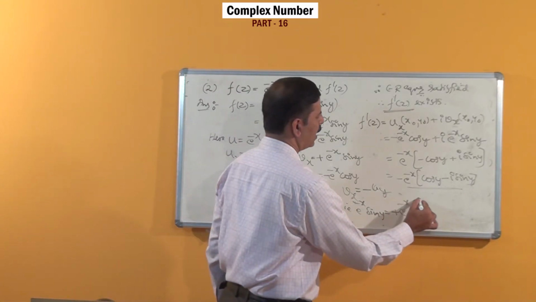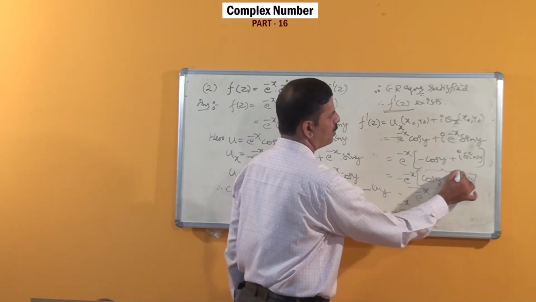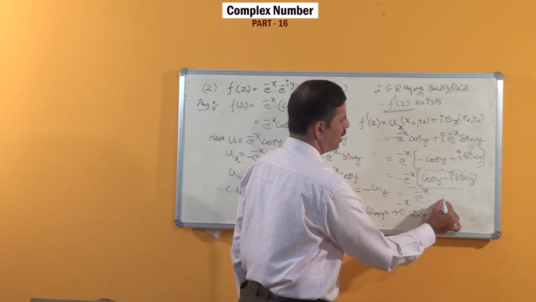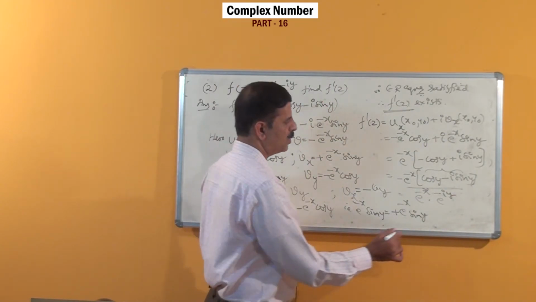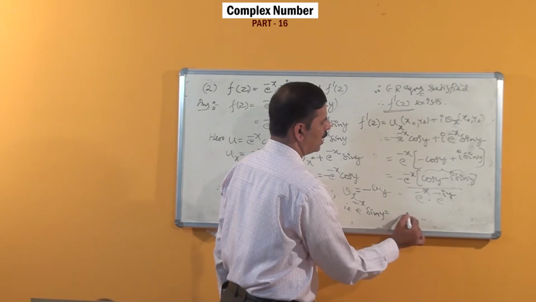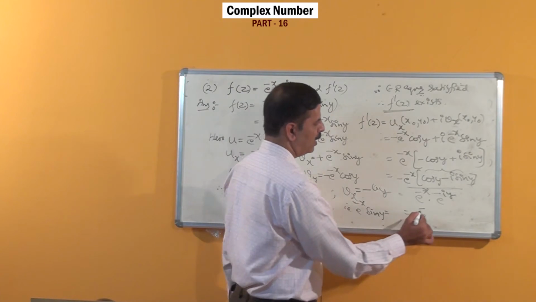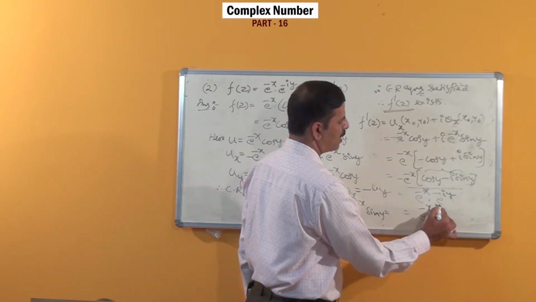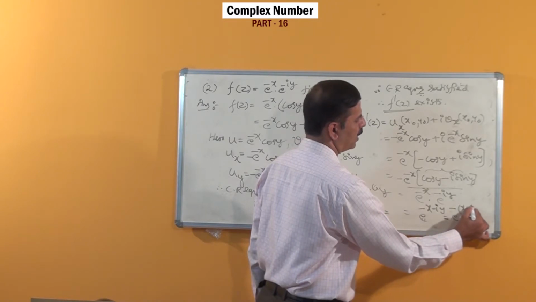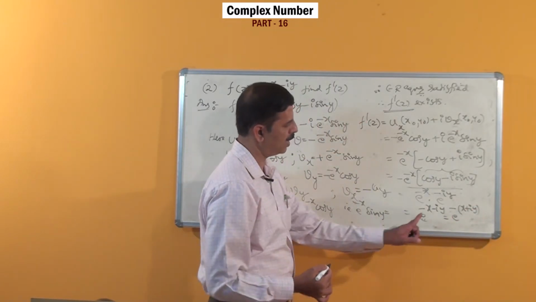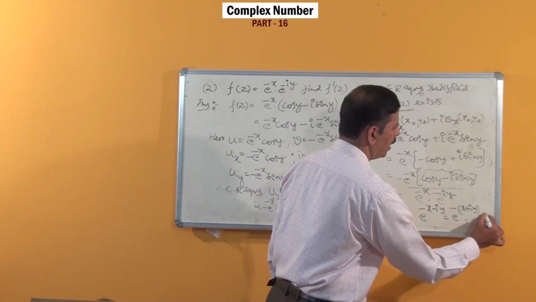See, I can write this as e power minus x into, in the exponential form, e power minus iy, isn't it. So using the indices law, this is e power minus x minus iy. Minus is common, I have taken it outside, so it becomes e power minus z.